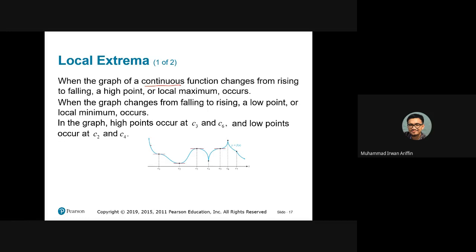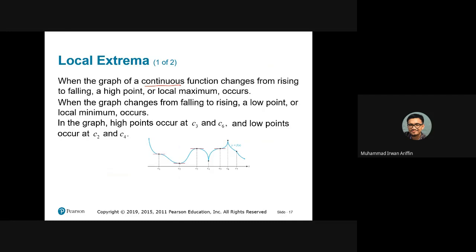What about the direction? Does it change or not? Look at C1. Our graph is falling and falling, and after C1, it is still falling. Would this be a high point or a low point? No. So this is not a local extremum.